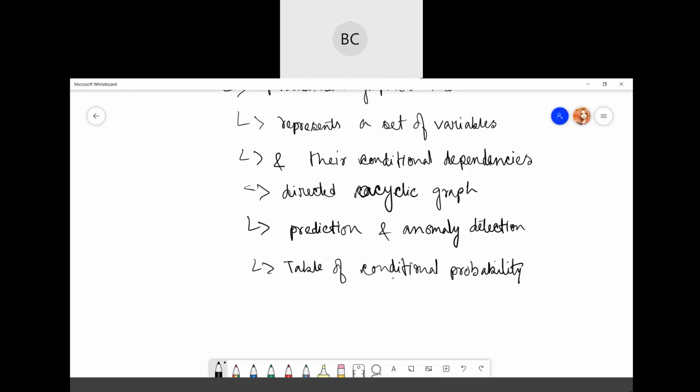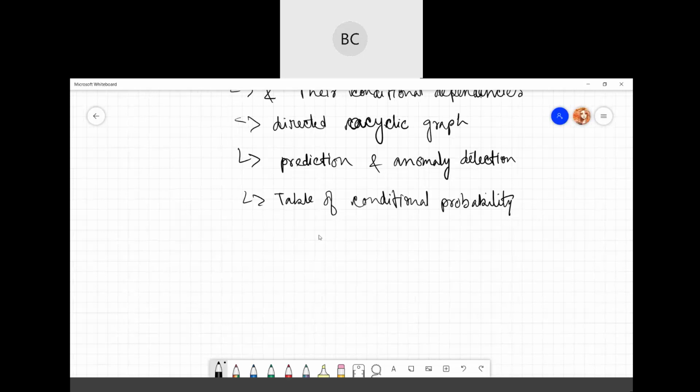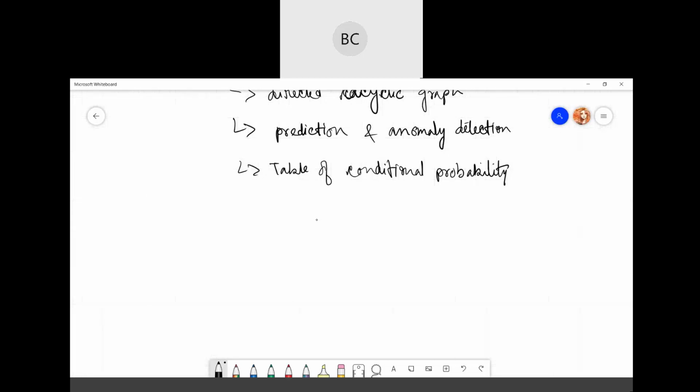For example, we have different nodes, and these nodes are dependent on each other like this. These are arcs. So this is basically a DAG, or directed acyclic graph.